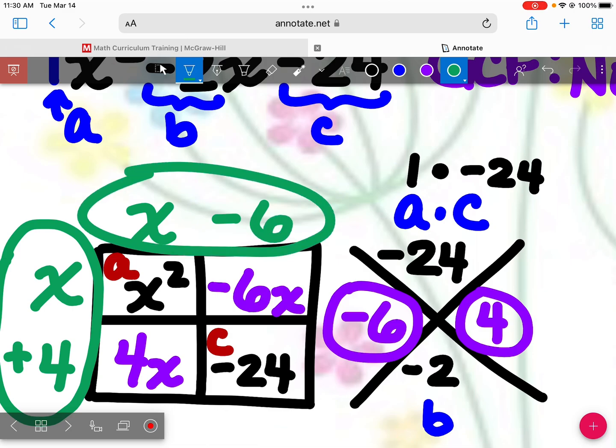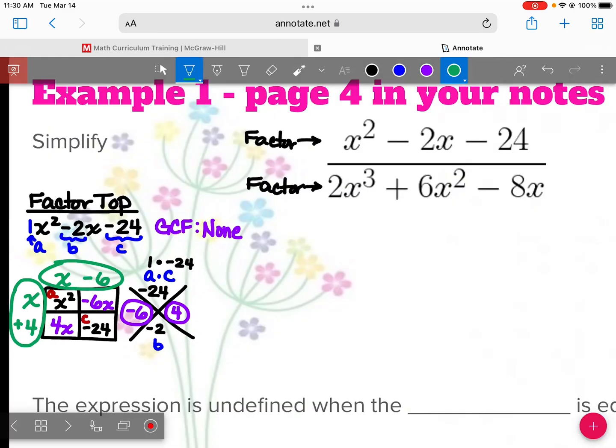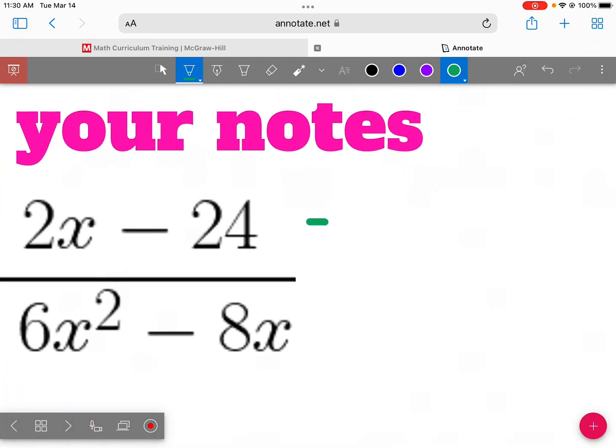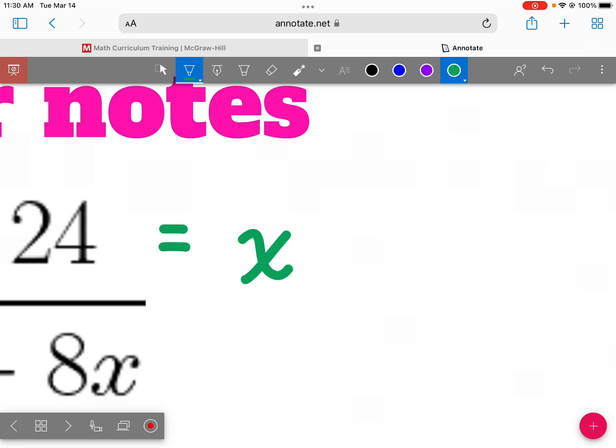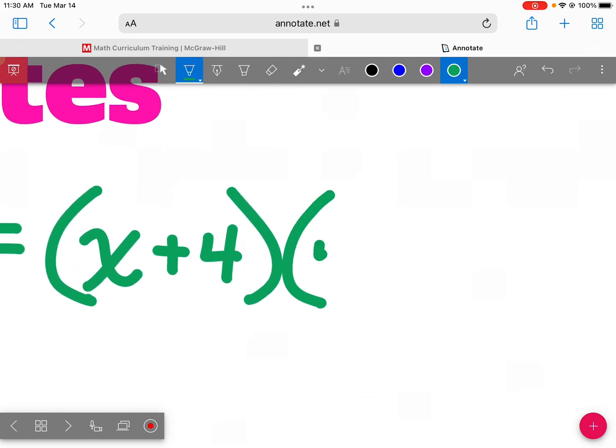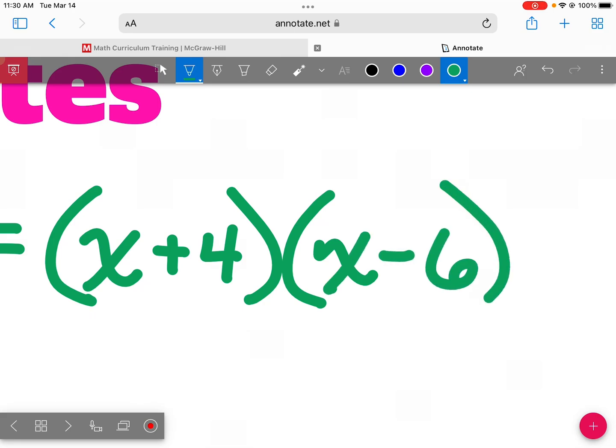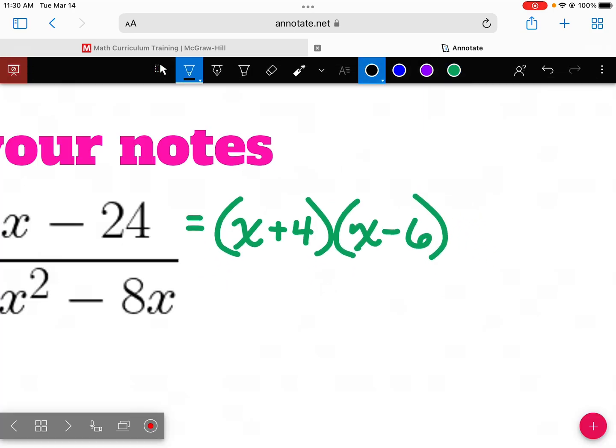Because it's touching a box that has a negative. That -6 right there is why I had to pull the negative out with it. All right, so my numerator, when it's factored, is x plus 4 times x minus 6. Those are the things that if I multiply them together, I get that original numerator.